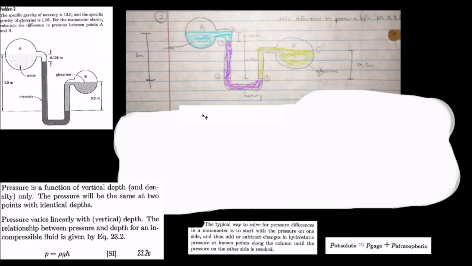Okay, so now to find this pressure difference, we want to use the basic equation, definitely a good one to memorize: P absolute equals P gauge plus P atmospheric. P absolute can also be written as P total.